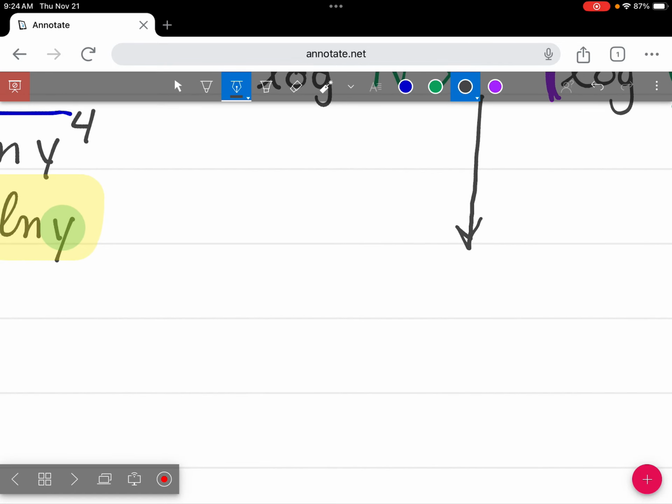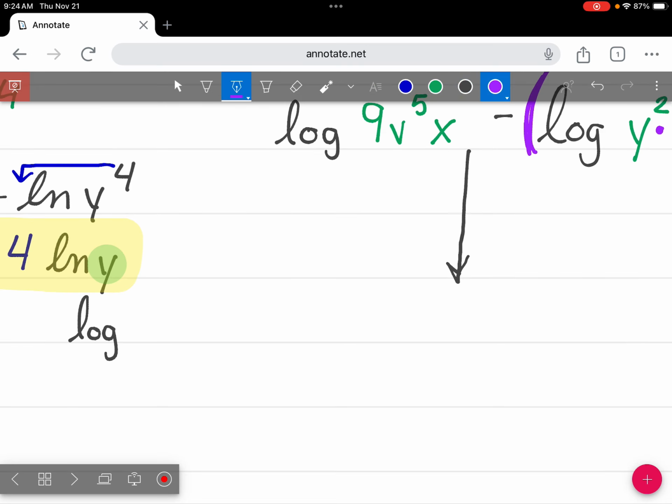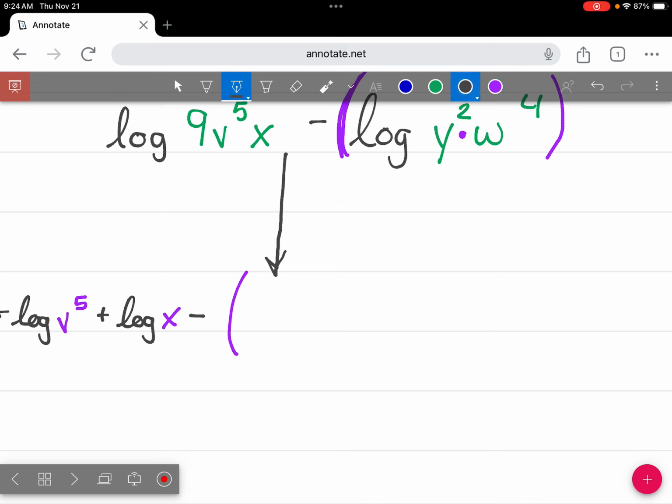Because we have a lot of pieces here. So we're going to have our common log of 9 plus our common log of v to the 5th plus our common log of x minus the common log of y squared plus the common log of w to the 4th.